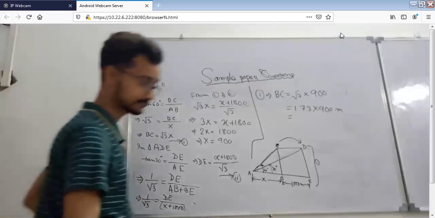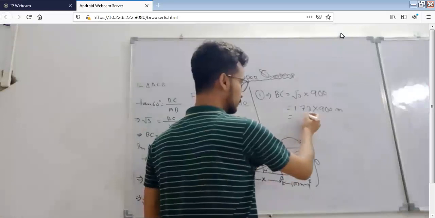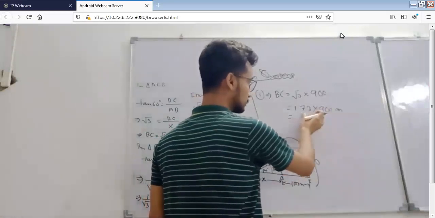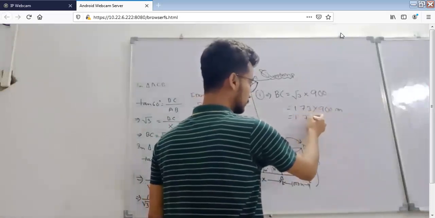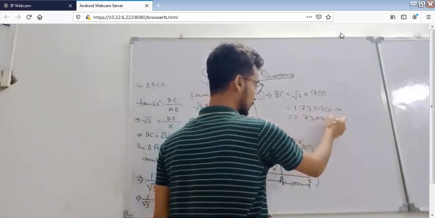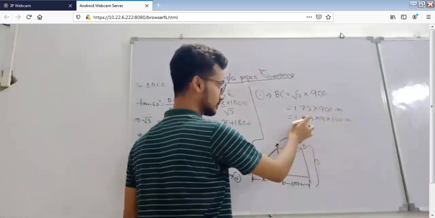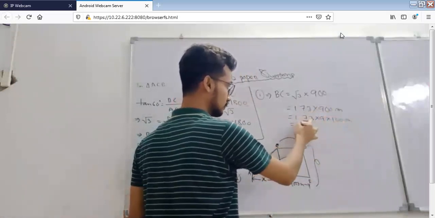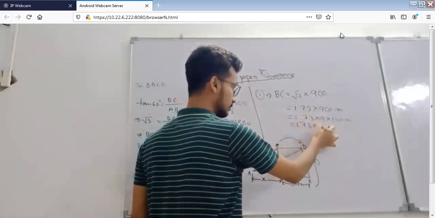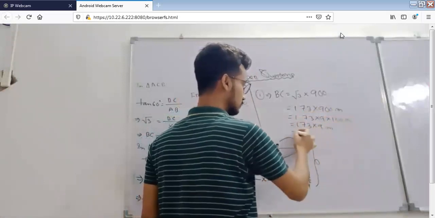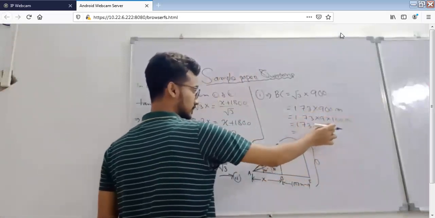Now if you simplify it, you can write 1.73 into 9 into 100. Now see, if you multiply 100 with 173, the decimal will be gone. So it will be 173 into 9 meter. Yes or no? Don't forget to write down the unit.